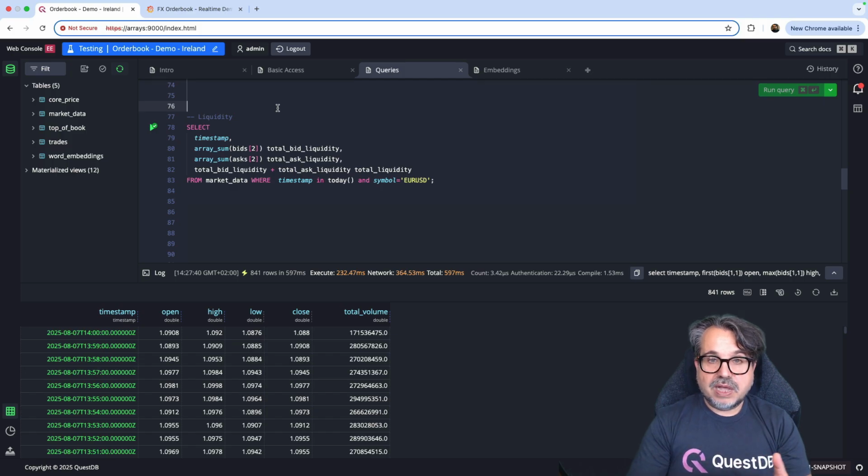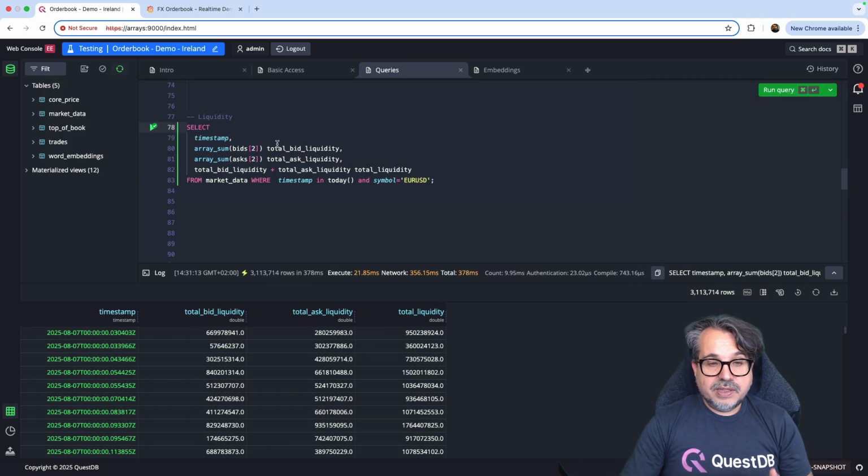I can see the available volume for each instrument at every price level, but I want to get the total available volume. So what I can do is just sum all the volumes. Bids 2 is the volumes, remember. If I sum all the volumes for the bids and all the volumes for the ask, then I have the bid liquidity and the ask liquidity. And if I add both of them together, I have the total liquidity. So if you want to query liquidity or anything like that, you can just use the built-in array sum function and you are good to go.